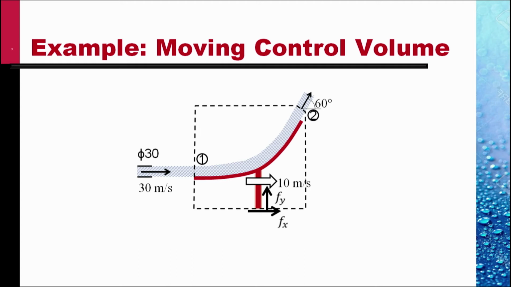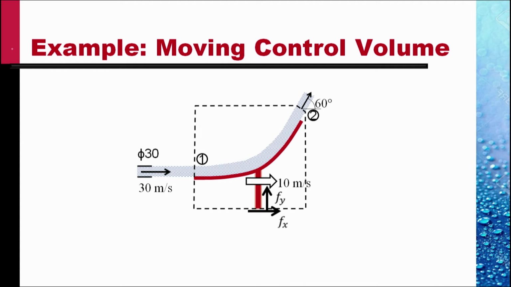So we attach the frame to this control volume, and then the velocities we have to measure with respect to this control surface. So now the inlet velocity at location 1 would be 30 meters per second minus 10 meters per second, or the relative velocity of 20 meters per second.